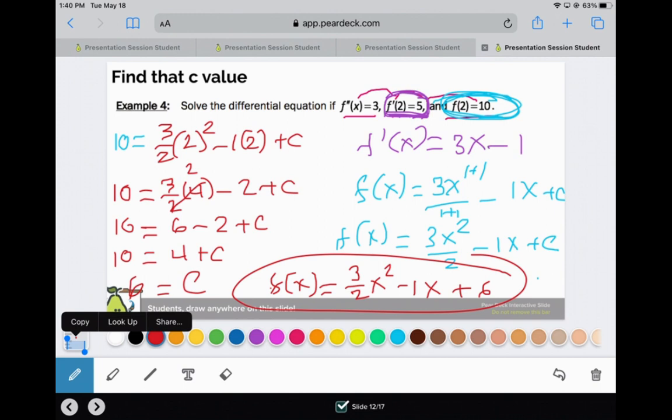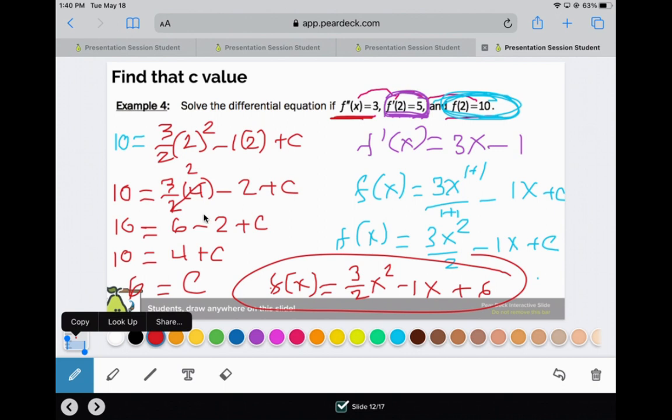As you notice, there's a lot of steps, but what you do is start with the very first function, going backward, plug in the values, solve for c, then plug into the second one, and keep doing that. This one is tricky, so I'm not going to assign any assignment for this one, but you want to watch it because we will continue with this when we see each other next class.